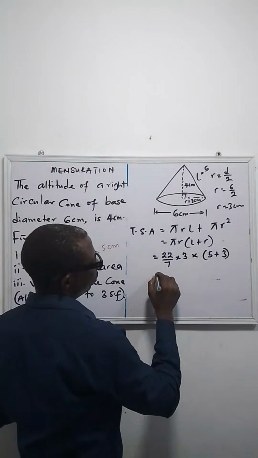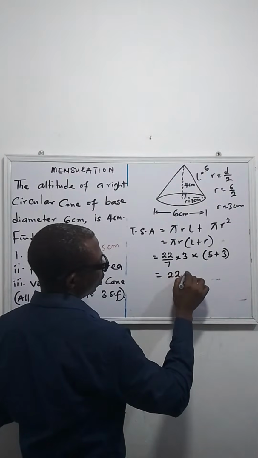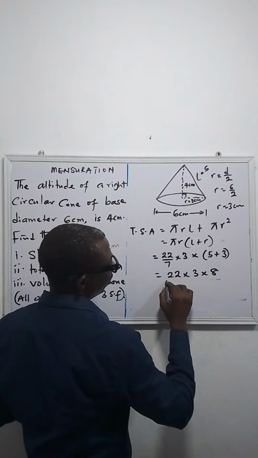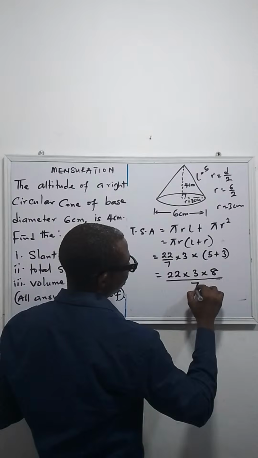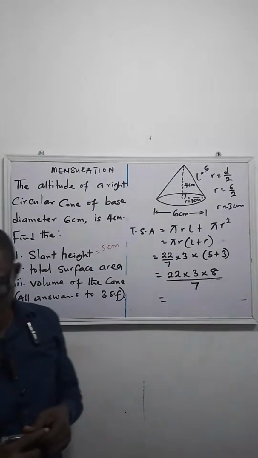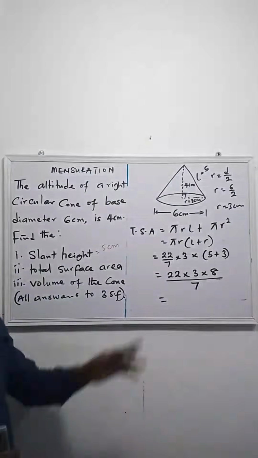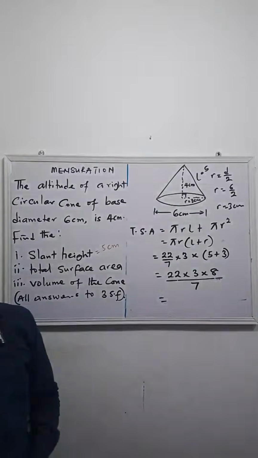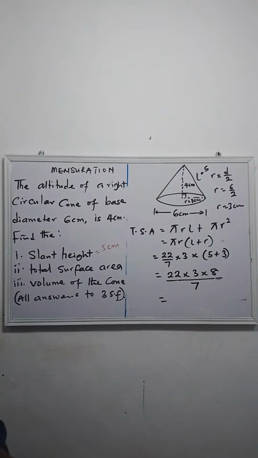So that gives you 22 times 3 times 8, everything over 7. Can you compute this and tell me what the answer is? So compute 22 times 3 times 8 divided by 7. What do you have as your answer?